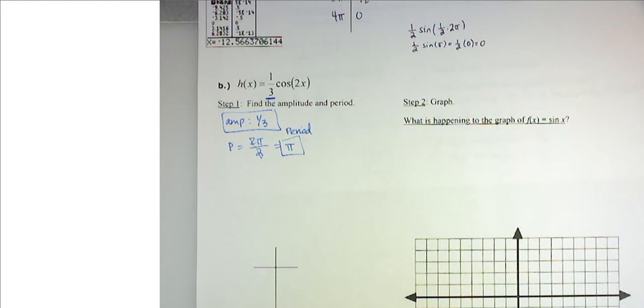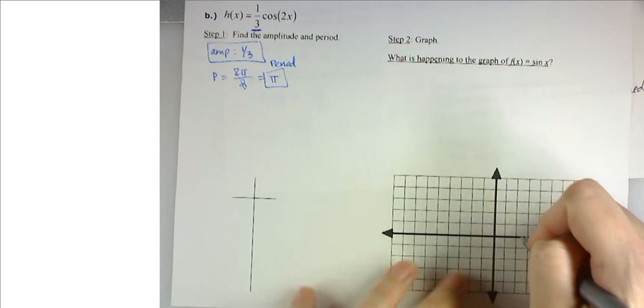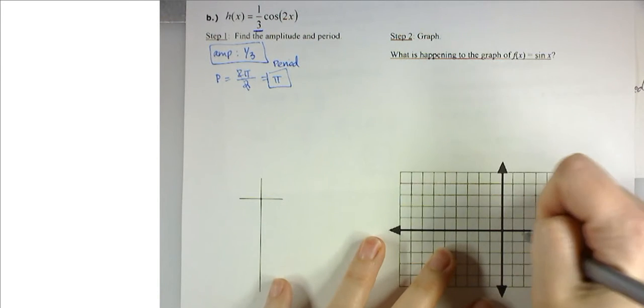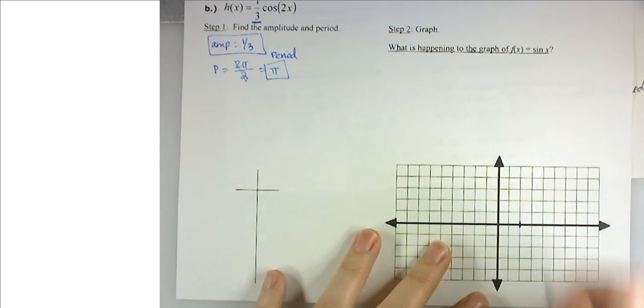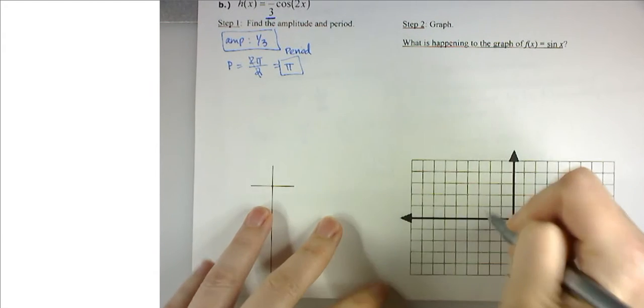So this would be pi over 2, and then pi, and then 3 pi over 2, and then 2 pi. And then you can see more than one cycle. So this is negative pi over 2, negative pi, negative 3 pi over 2, and then negative 2 pi.